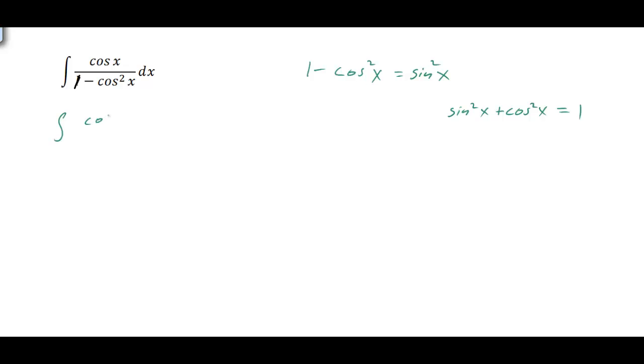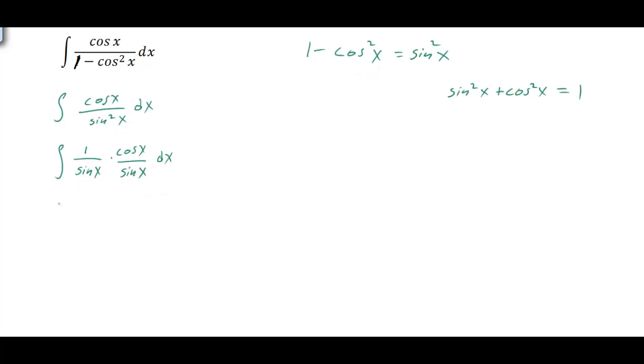So this becomes cosine x over sine squared x. If we split this apart so that we have a sine squared on the bottom, we can think of that as 1 over sine x, and then cosine x over sine x. So we have 1 over sine, which will become cosecant, and cosine over sine will become cotangent.